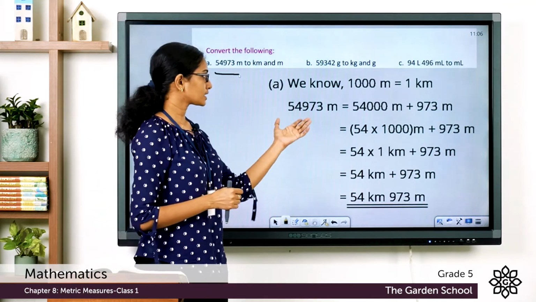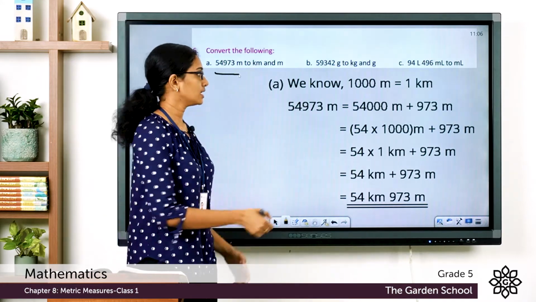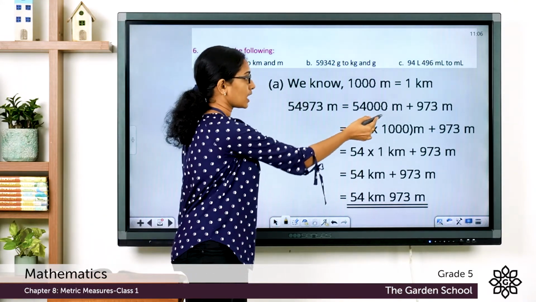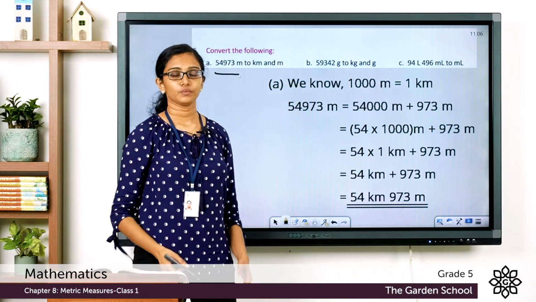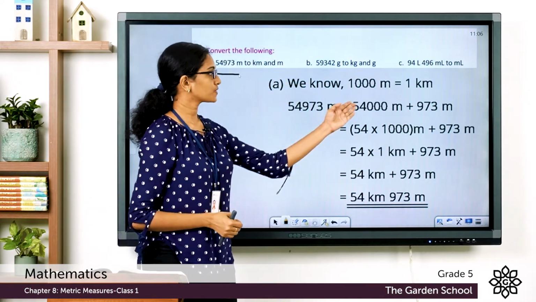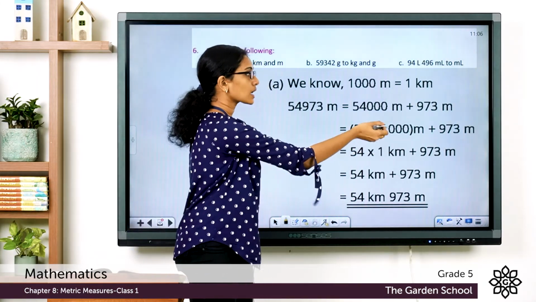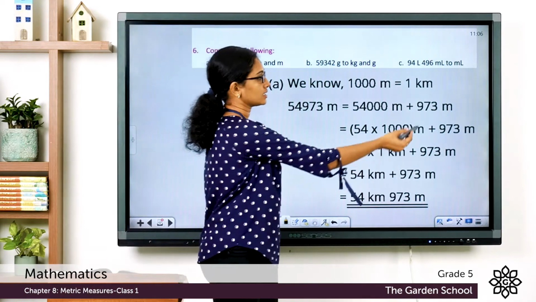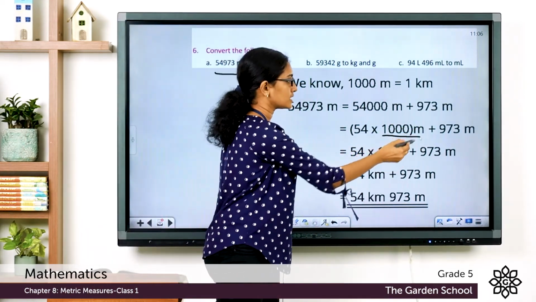So we can split this as 54,973 meter is equal to 54,000 meter plus 973 meter, which is the same. Now what is 54,000 meter? It is 54 into 1000 meter plus this 973 meter.